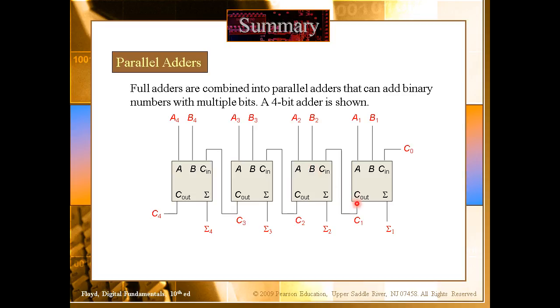And then at the very end, you'll end up having a final carry. The final carry might be 0, might be 1, but you still have a provision of keeping it. Okay. So this is also called 4-bit adder, 4-bit binary adder.